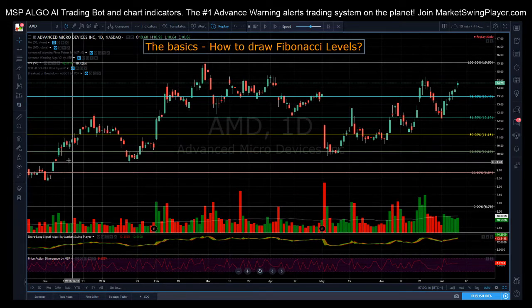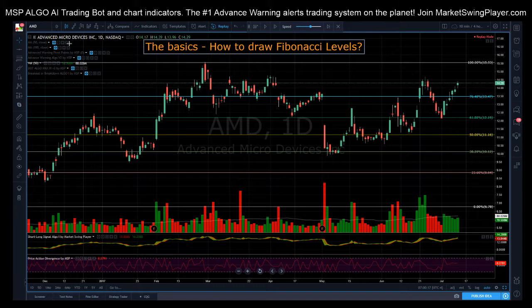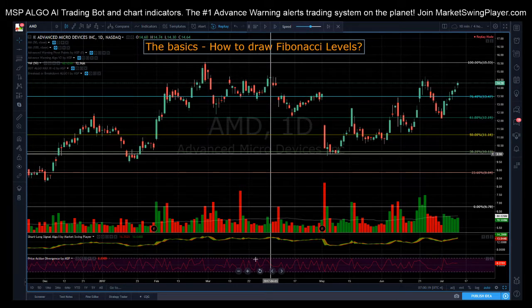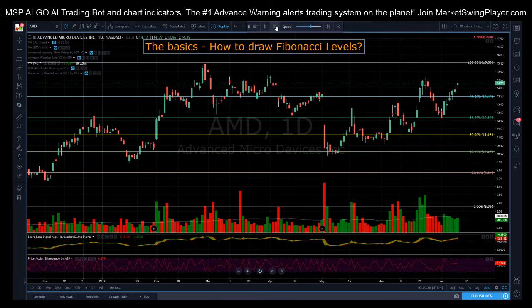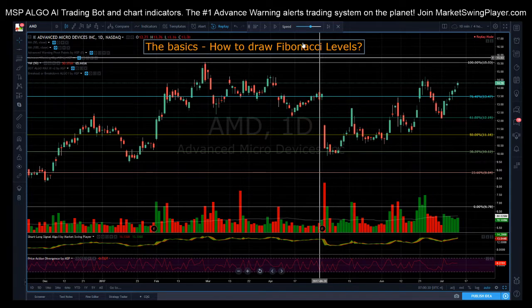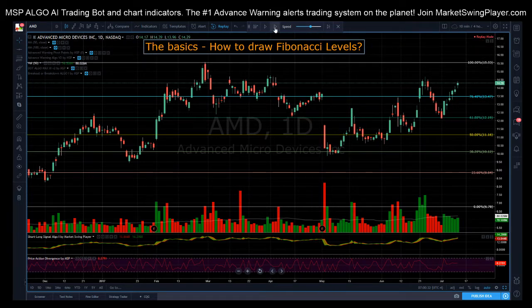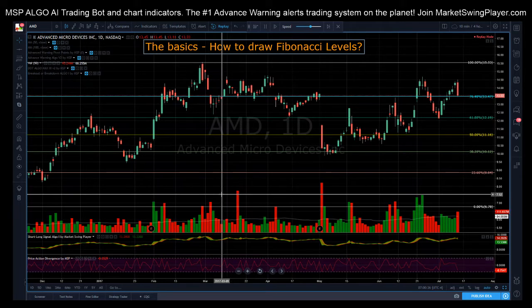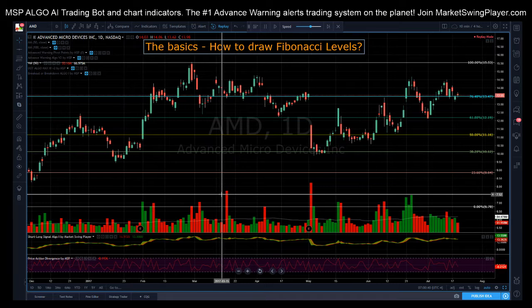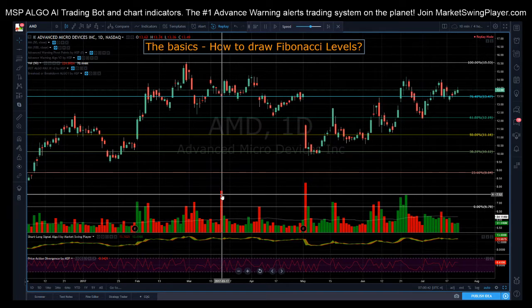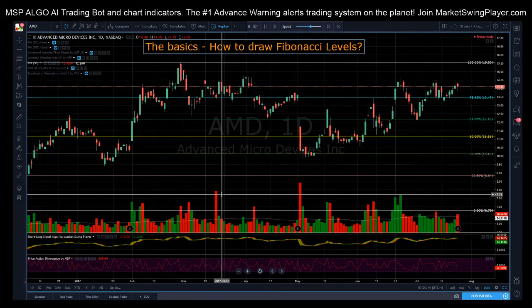Okay, so you're trading, and now price is moving along. So this is July 12th there. So let's tell this to go play the rest of the price action, and we could see that our Fibonacci levels are still being respected.